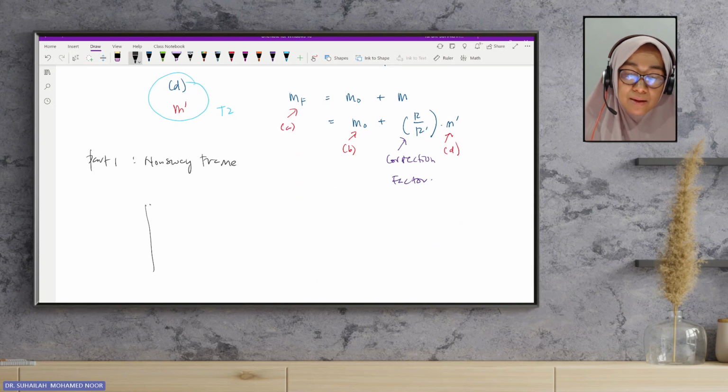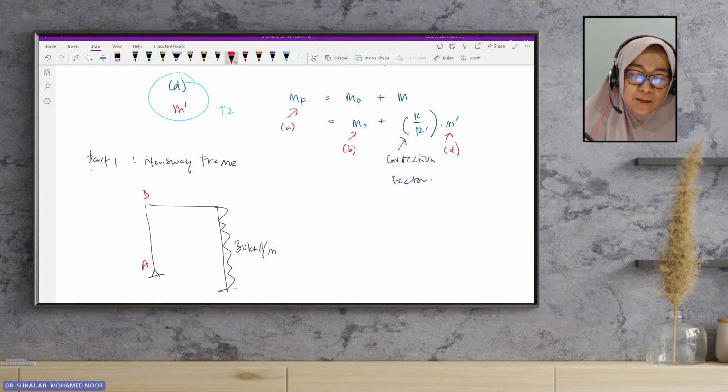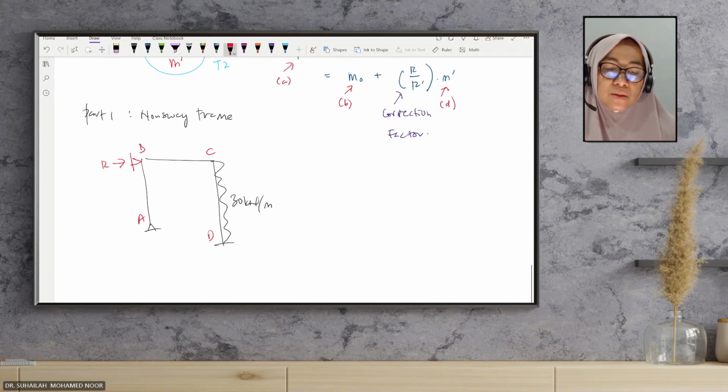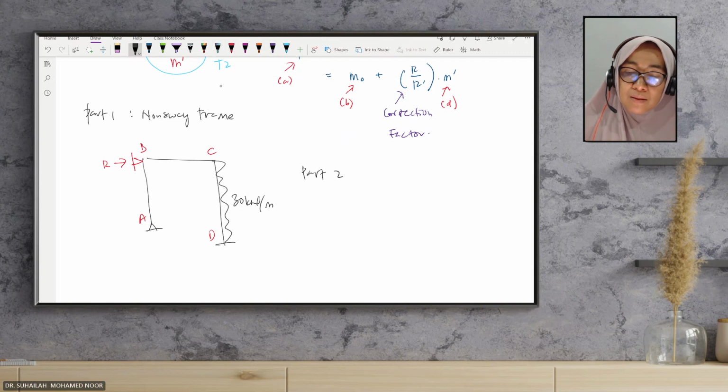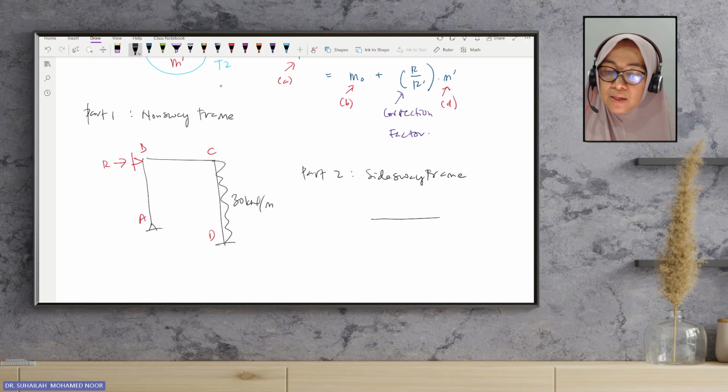It is fixed, with UDL 30 kN per meter, A, B, C, D, and we have a pin here and R. This is the frame that we are going to analyze in part 1. And we have part 2, the sidesway frame.